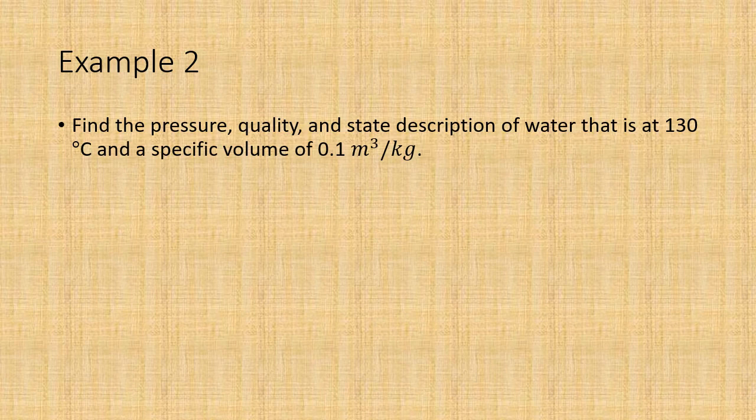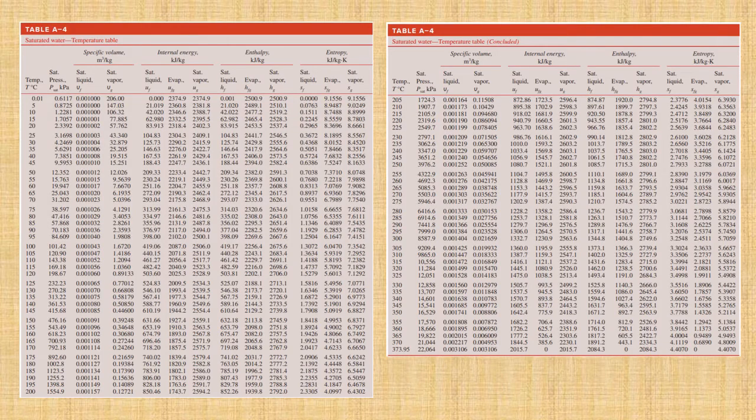Since we are given the temperature and specific volume, we should go to the temperature table to find the state description. We will need to zoom in on this portion of the table, because it contains the given temperature in the first column. The portion of the table looks like this.